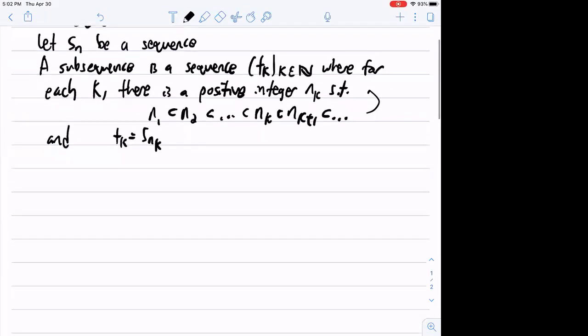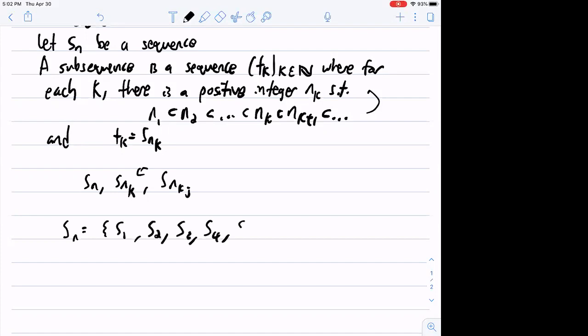Normally, if Sn is our sequence, we write S_{n_k} for our subsequence. And then for a subsequence of this, we just keep going, so we write S_{n_{k_j}}. That's the usual notation. Before I explain why we need that part, an example: Sn is the sequence S1, S2, S3, and so on.